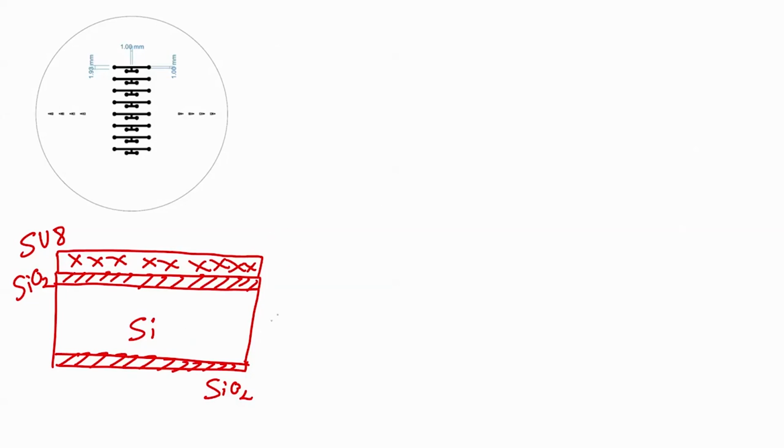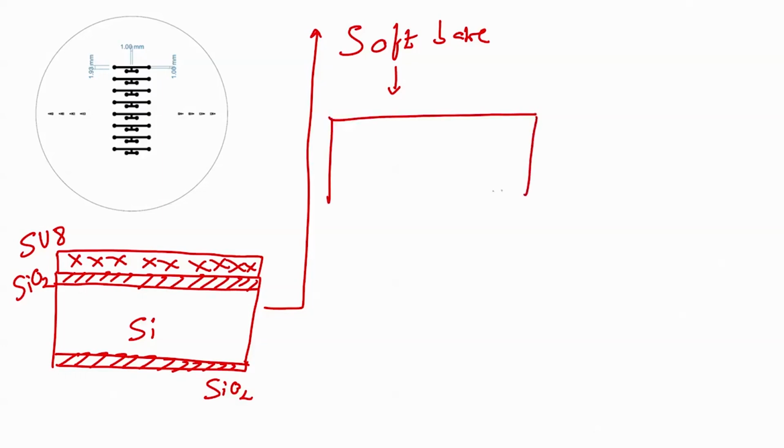So, here what we have done, we have taken oxidized silicon wafer, we have spin coated SU8. Next step would be pre bake, right. If I go here, next step is my soft bake, let us write soft bake. Next step would be exposure, right. So, I will just draw wafer, silicon dioxide.